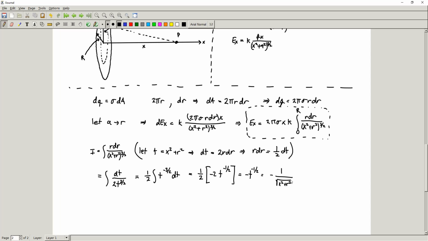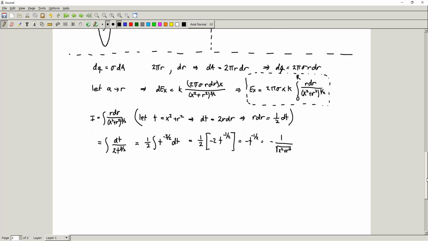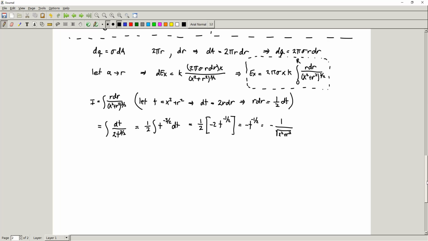Okay, and now we can bring this back into the language of a definite integral, and we end up with Ex equal to 2 pi sigma x k, and this is just me substituting this information back into our definite integral up here, right? And we just did this one, so we're going to end up with minus 1 over the square root of x squared plus r squared, which all needs to be evaluated from 0 to r, right? And we can do that right here.